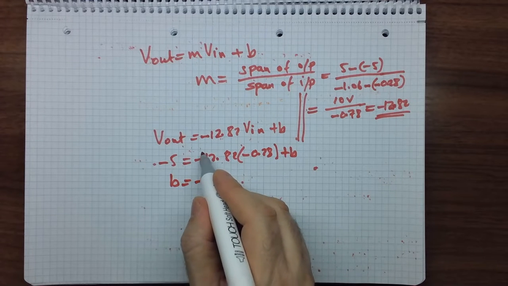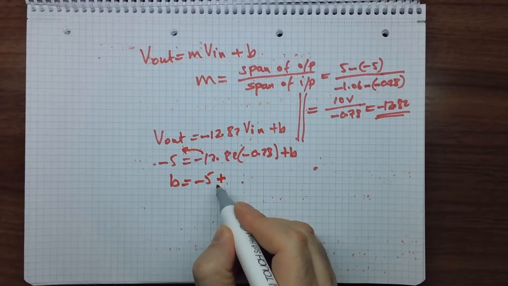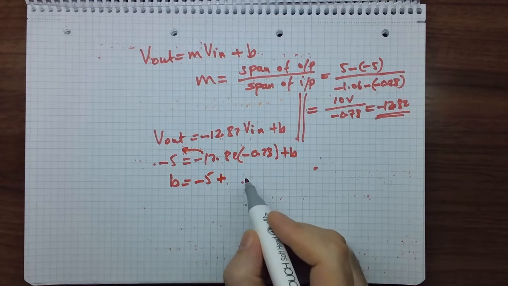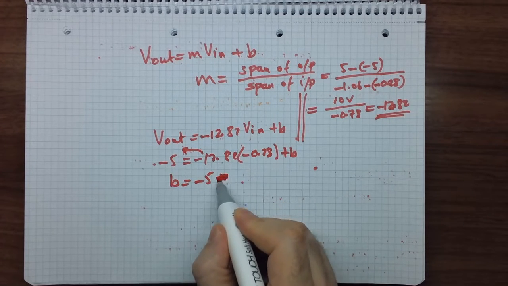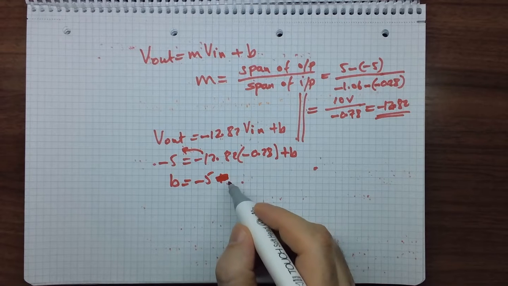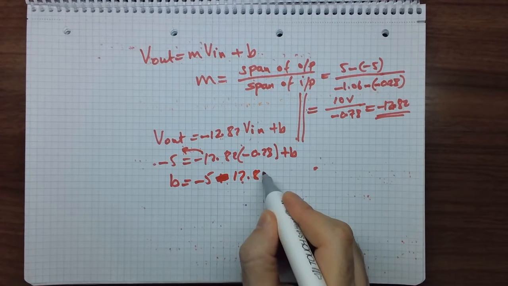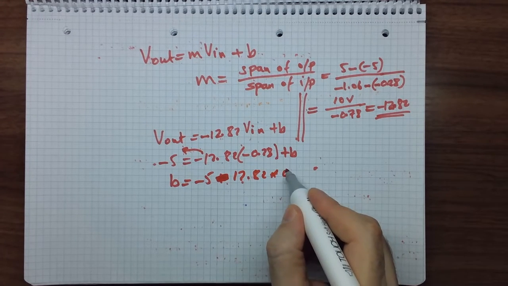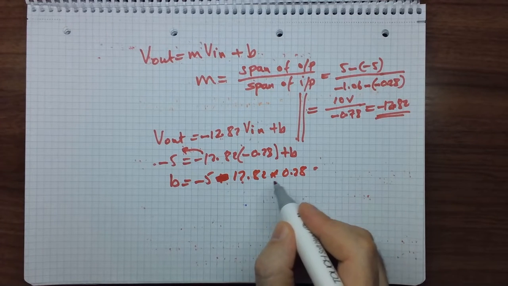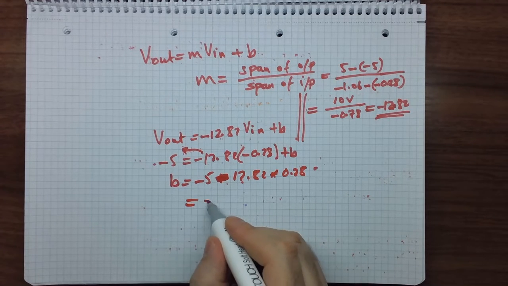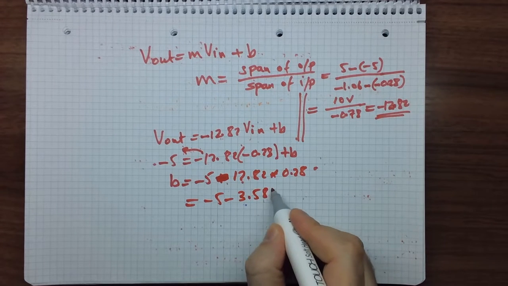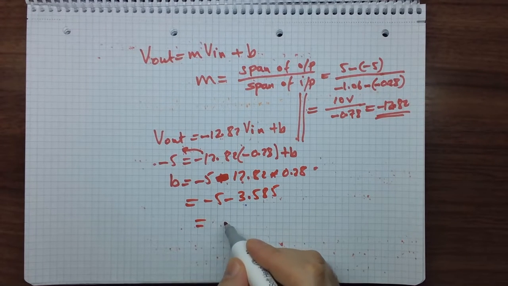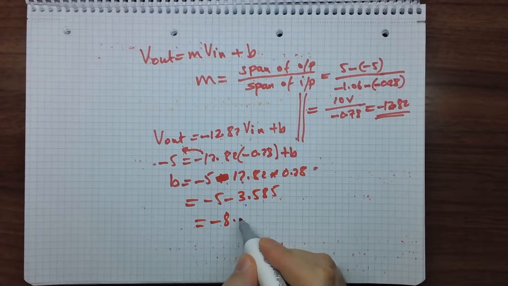and bring this here, so this will be plus, and we have minus here, so minus plus will be minus 12.82 times 0.28, and this is equal to -5 minus 3.585, and this is equal to minus 8.58.